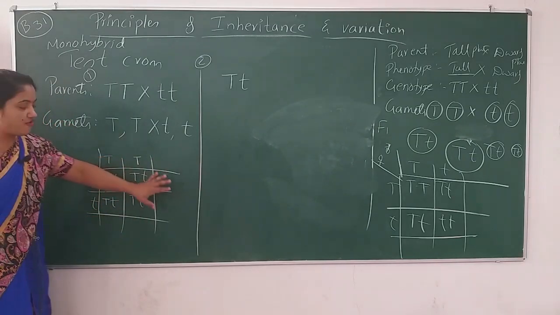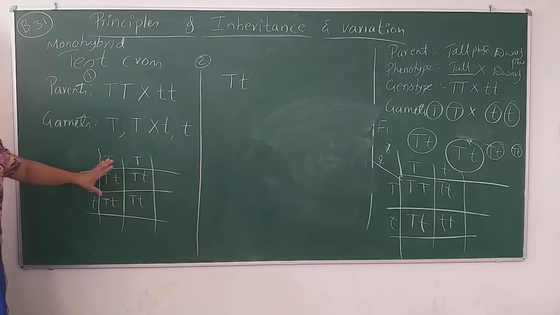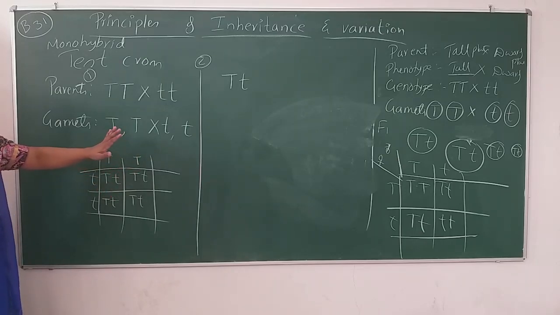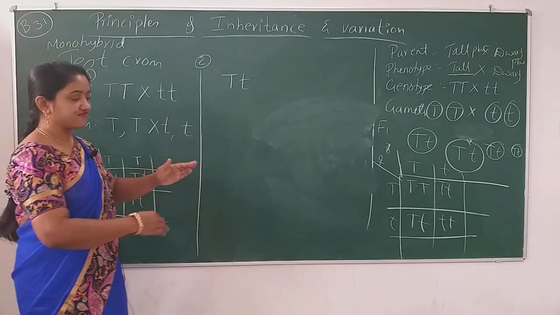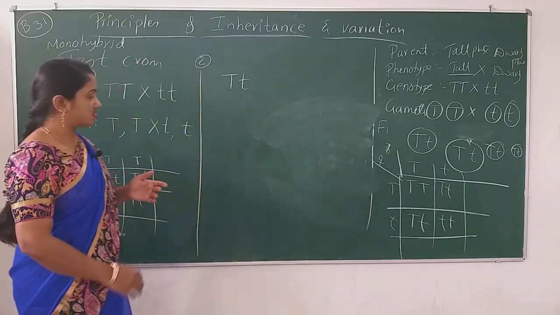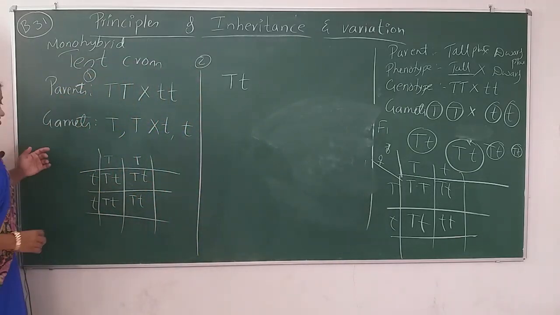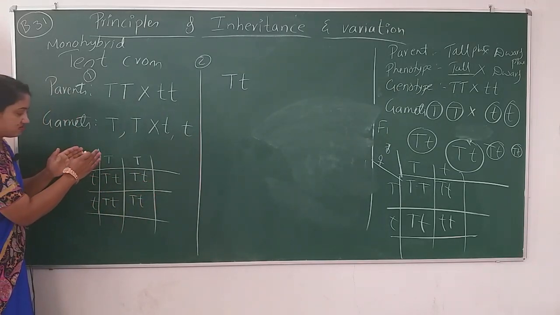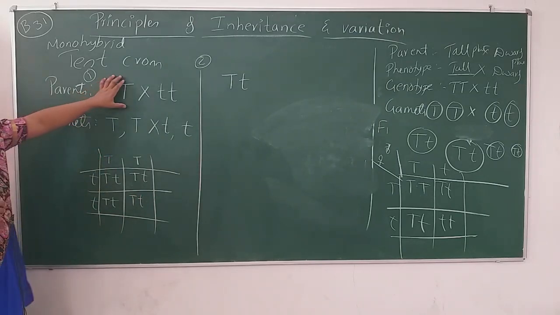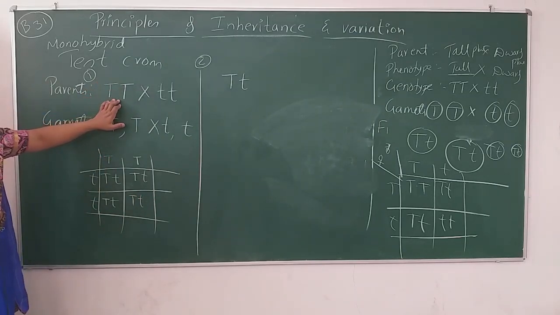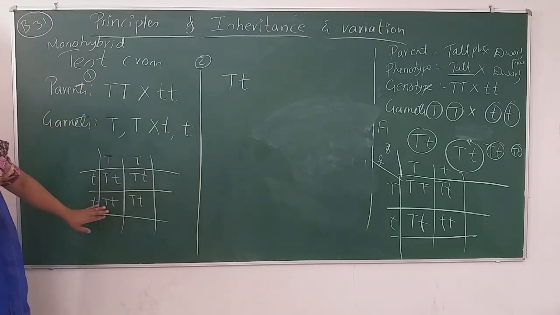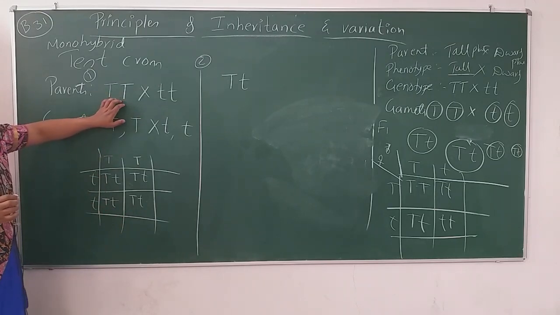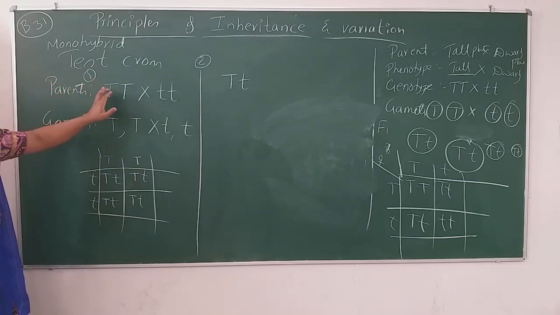If in the F1 generation all the offspring are tall, it is confirmed that we have selected a pure line, a pure breed. If the offspring are tall in nature, the parent is in the pure condition.